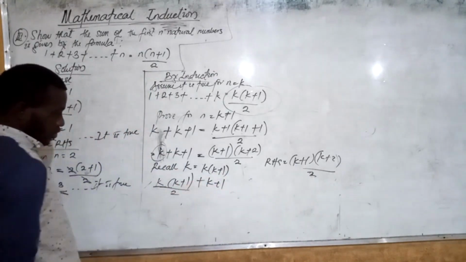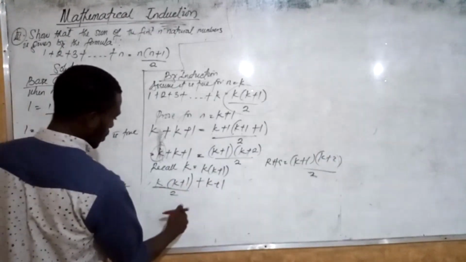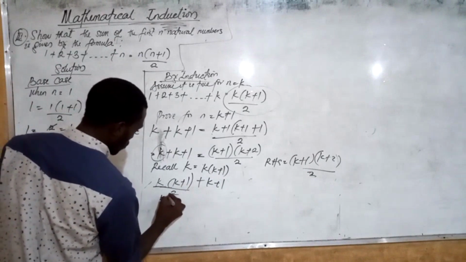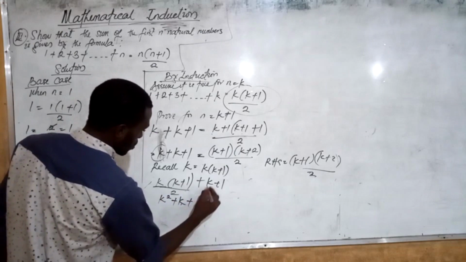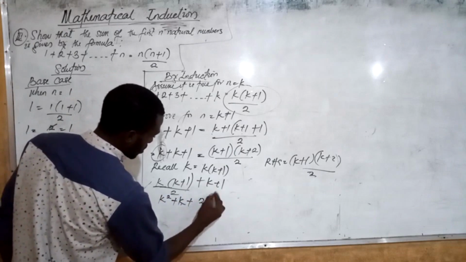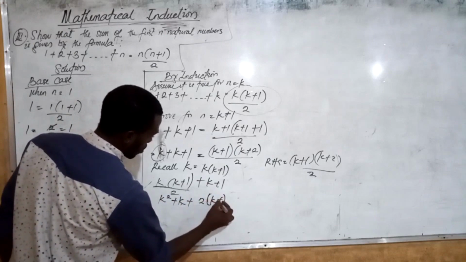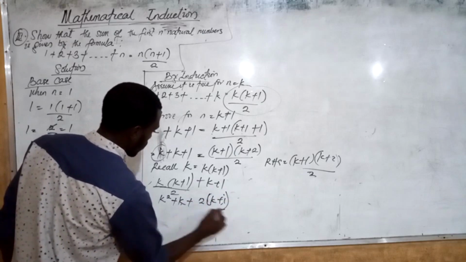So k can open the bracket here and we'll bring 2 here so that we have k squared plus k, then plus 2 into bracket k plus 1 so that we have all over 2.